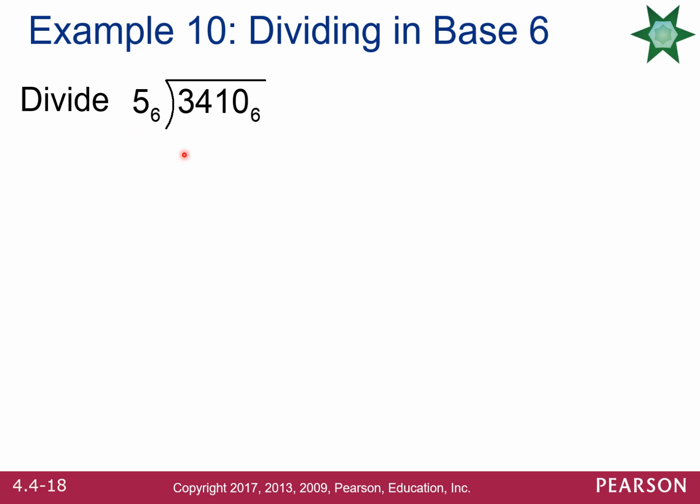What should we multiply 5 base 6 with to get a value closest to 34, where this 34 is in base 6, without going over? I'm going to start with the multiplication in base 6 for 5.